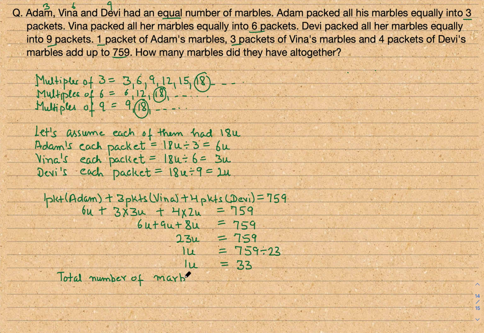One person is 18 units, so 3 persons will be 3 times 18 units, which gives 54 units. Since 1 unit is 33, it should be equal to 54 times 33, and that will give me 1782.